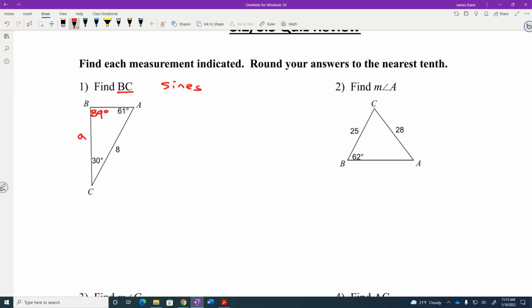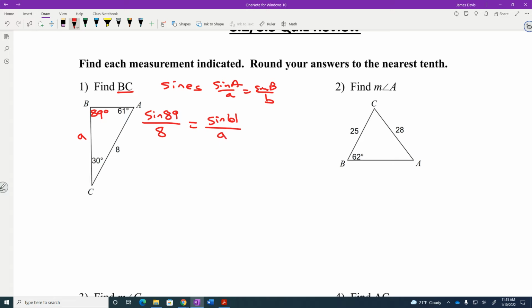Law of sines is sine of big A over little a, equals sine of big B over little b. So we got our pair. Let's go ahead and write that. Sine of 89 over 8, and then we're asked to find little a, so we're going to want to include big A in there: sine of 61 over little a.